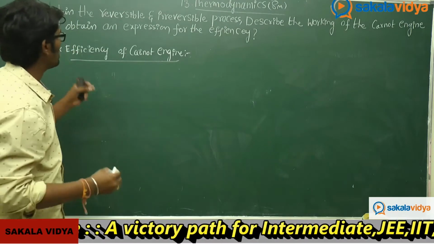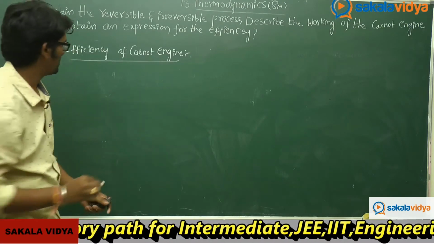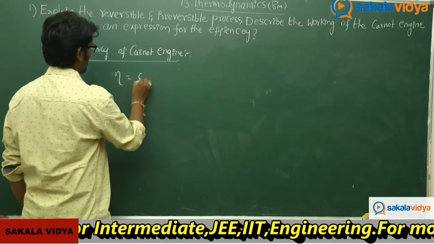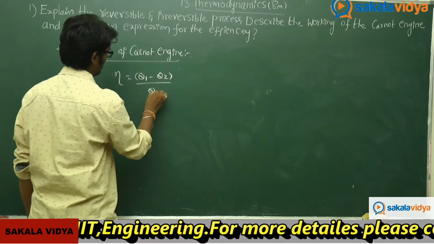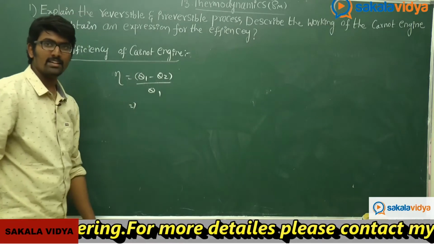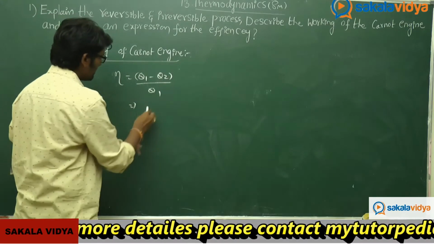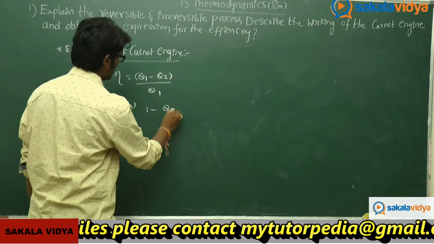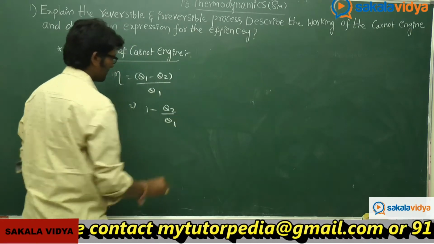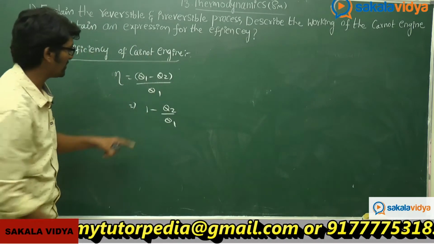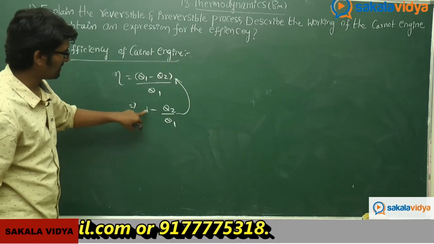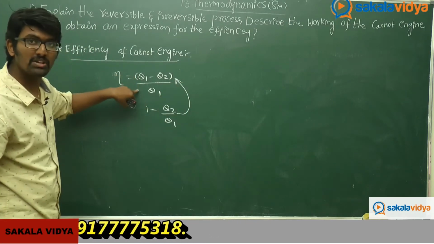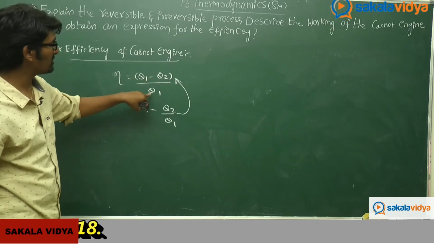Now let us find the efficiency of Carnot's engine, which means efficiency is equal to (Q1 minus Q2) by Q1. Is it clear? So can we write like this: 1 minus Q2 by Q1. If you multiply Q1 with 1, we are going to get the above equation itself, that is (Q1 minus Q2) by Q1.